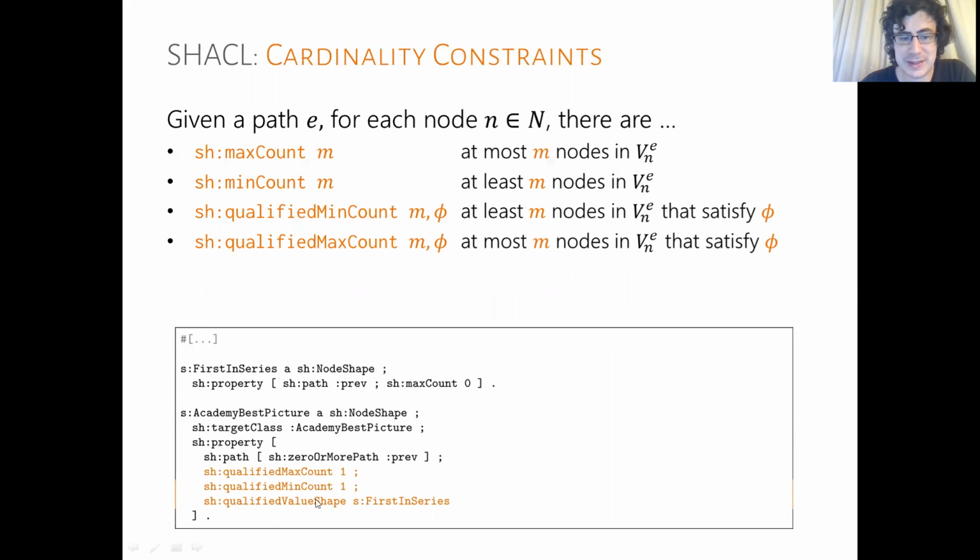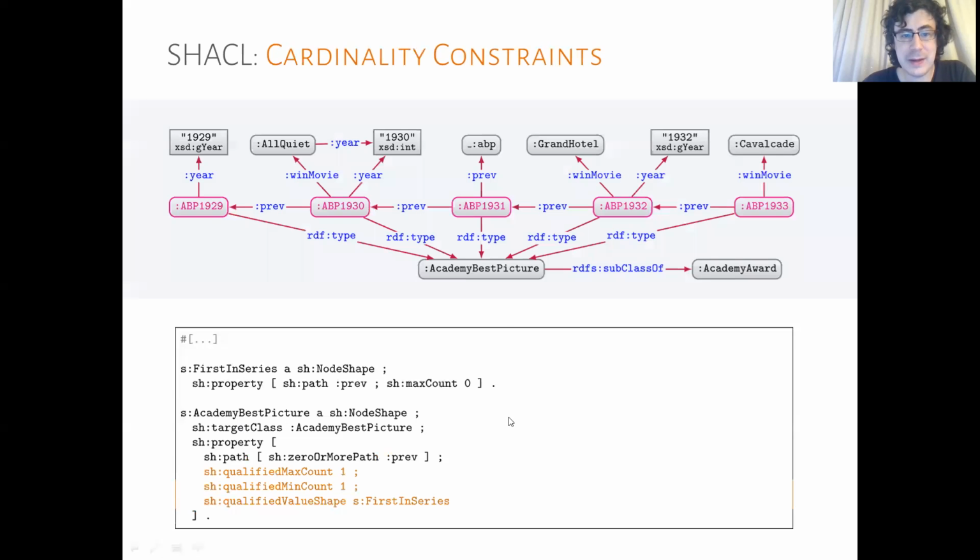Okay, so we're going to take a slightly different example here. So what we're doing here, let me get up the graph, is what we're going to say is that if we have a list like this, then intuitively, there must be one node that satisfies having 0 previous edges. So there must be a first in the series, and we define that here. And we say that the first in the series has 0 previous edges.